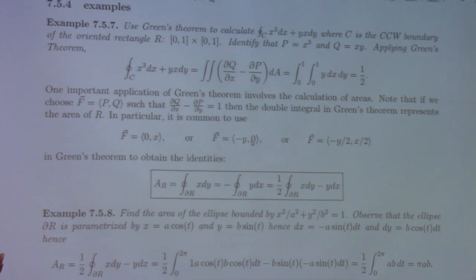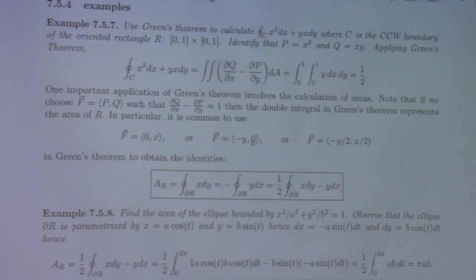Or you can use Green's theorem. You've got P here, you've got Q here, so partial q partial x minus partial p partial y. Well, P has no y dependence, and partial q partial x is just y. So we just do the double integral over the rectangle, and we get a half. That is incredible how much computation that saves you.